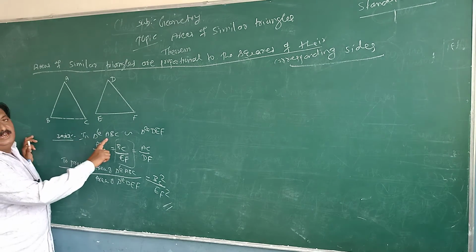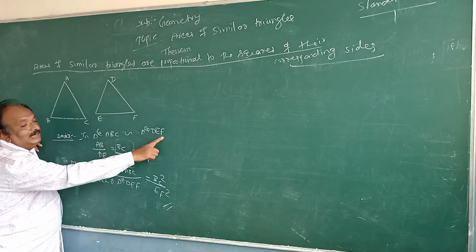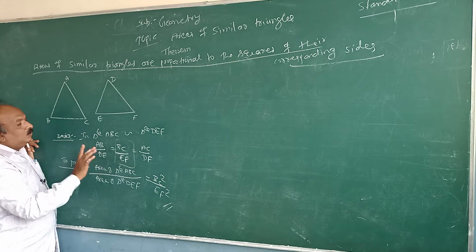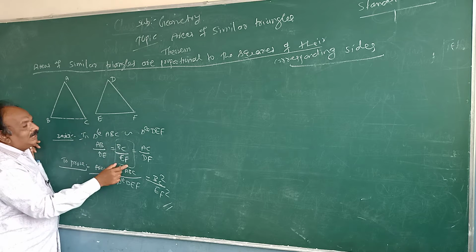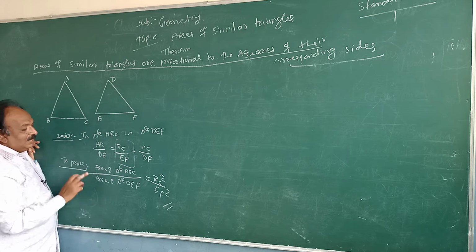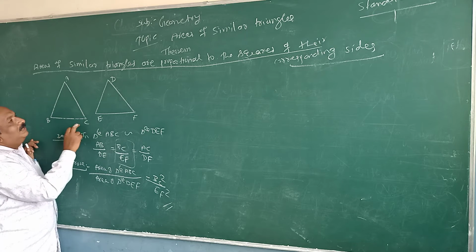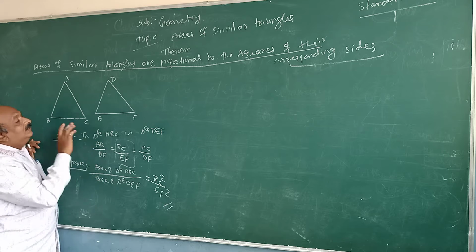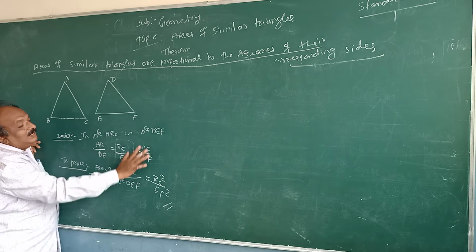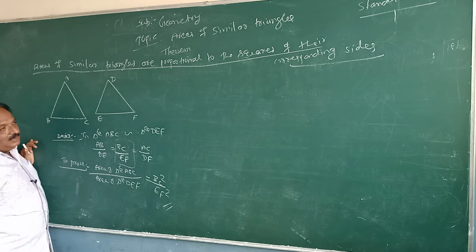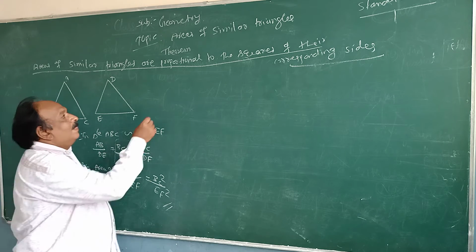In triangle ABC and triangle DEF, AB divided by DE is equal to BC divided by EF is equal to AC divided by DF. Area of triangle ABC divided by area of triangle DEF is equal to the square of any one corresponding side. I consider this BC square by EF square.